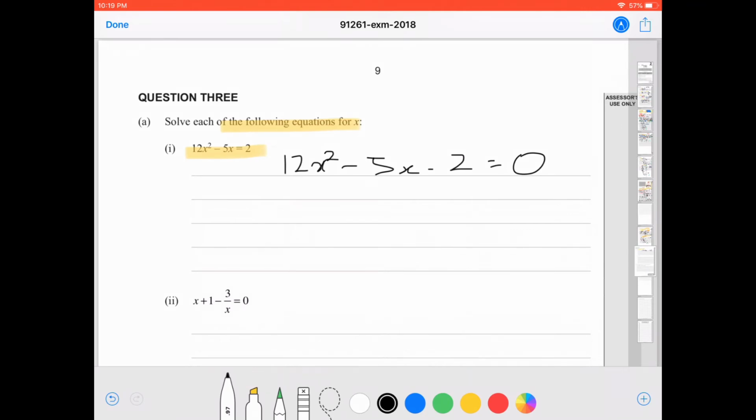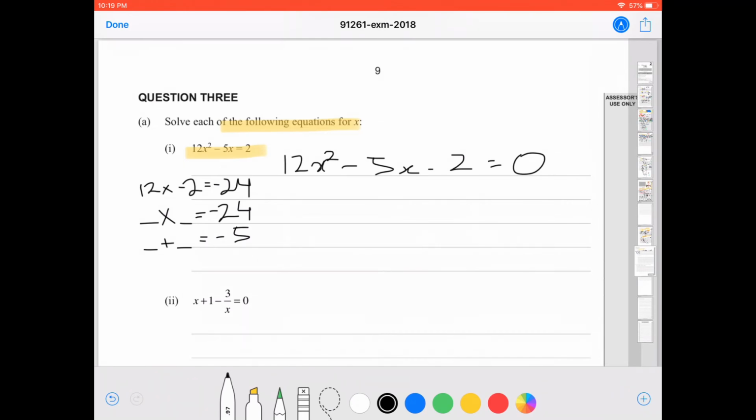So we multiply A by C: 12 times negative 2 equals negative 24. We're looking for two numbers that multiply to negative 24 and add to the B term, negative 5. Those two numbers are positive 3 and minus 8.